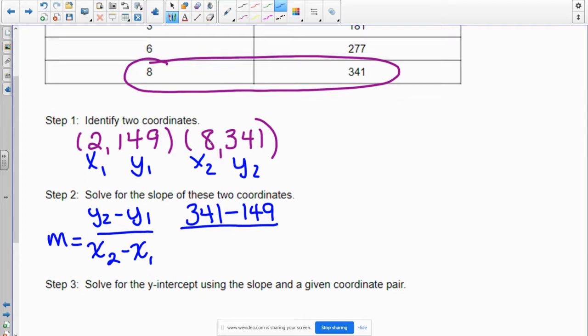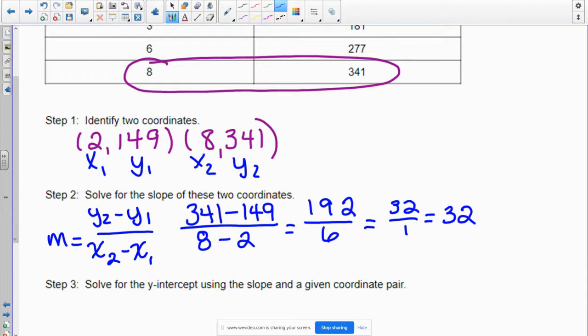And then x2 is 8, and we're going to subtract x1, which is 2. So 341 minus 149 equals 192. And 8 minus 2 is 6. So 192 divided by 6 is 32 over 1, or as we're going to write it in our equation, just 32.